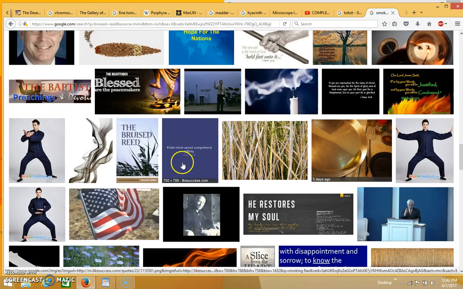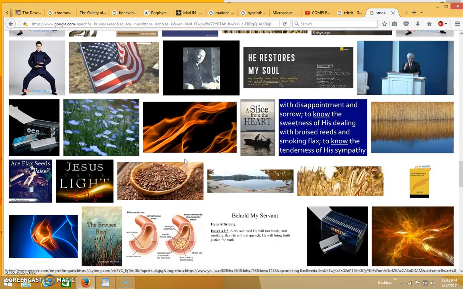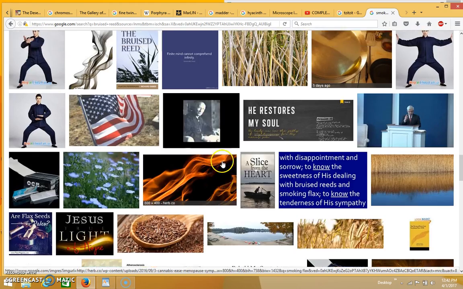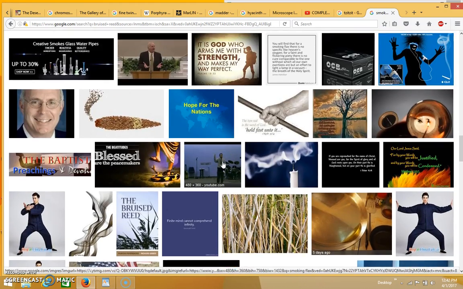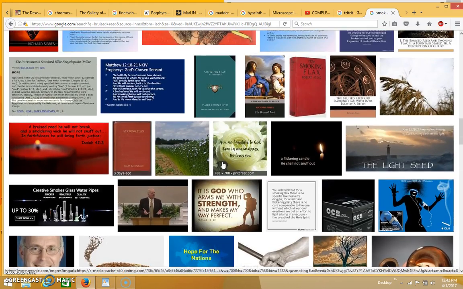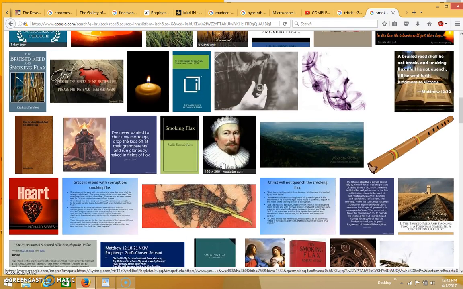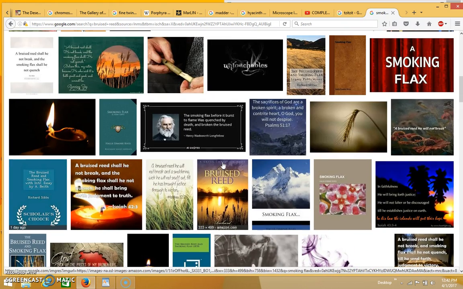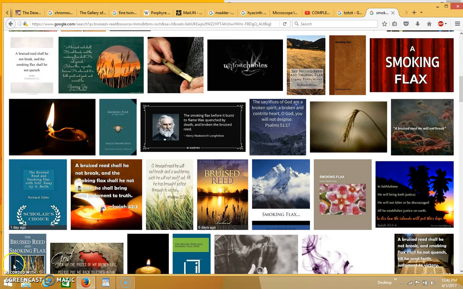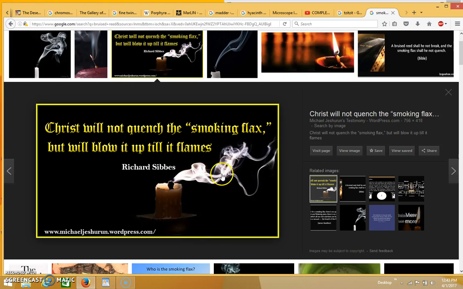Let's see if I can find a good image. I guess this is one of the best images, but you can see how the smoke spirals, similar to a DNA strand, but there's a little bit more to it than just that.